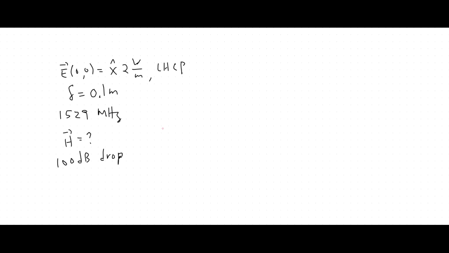So what do I do? When I look at this problem, what's there now? Skin depth. What does that tell me? It's a lossy medium. Remember, if you see any of those terms, the conductivity, complex permittivity, loss tangent, and skin depth, that tells you it's a lossy medium.